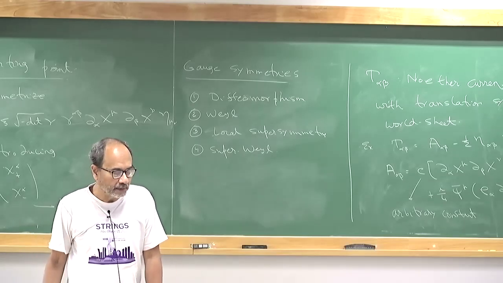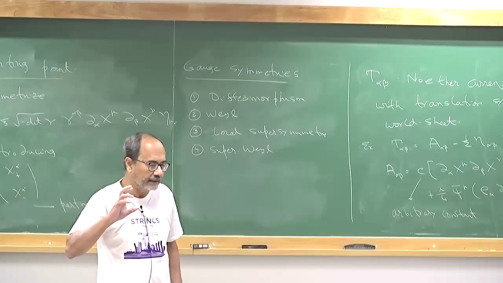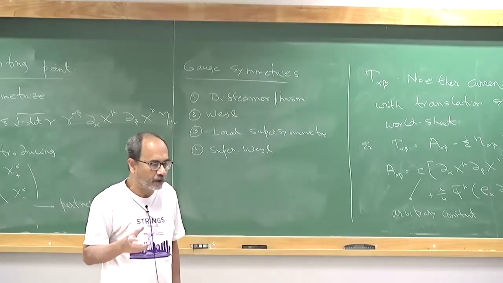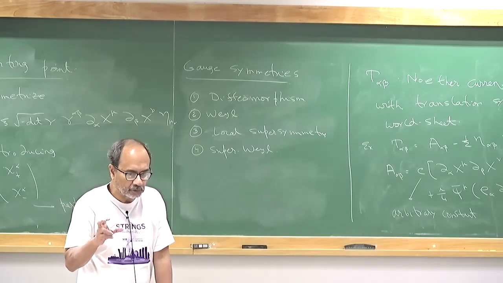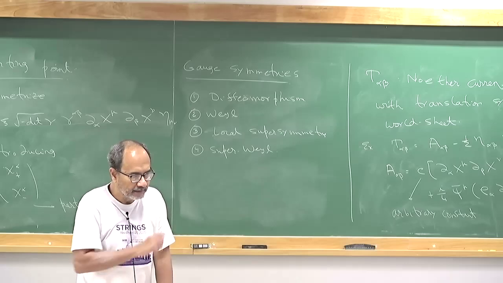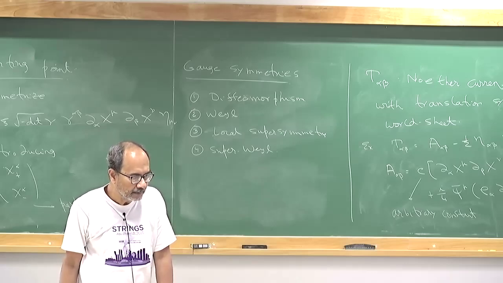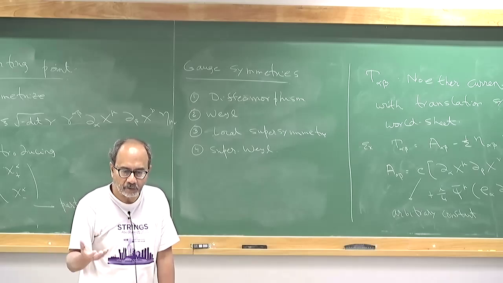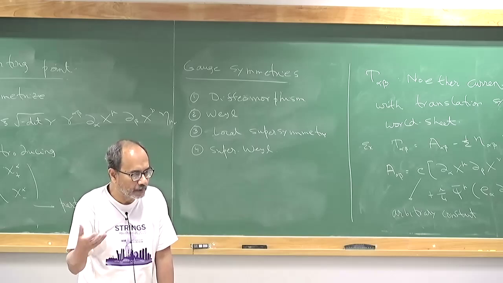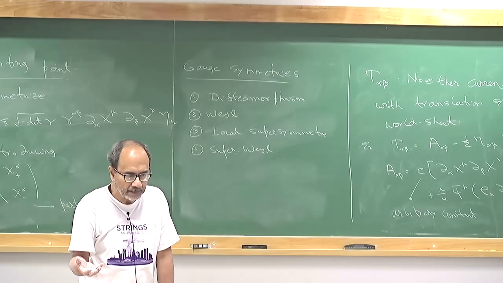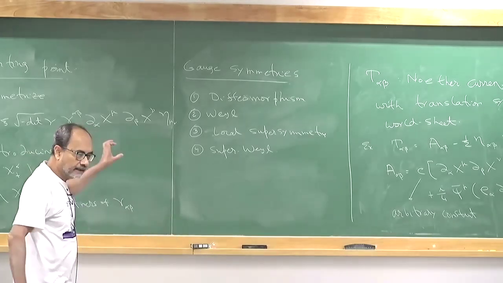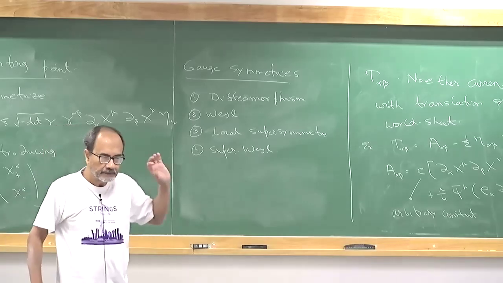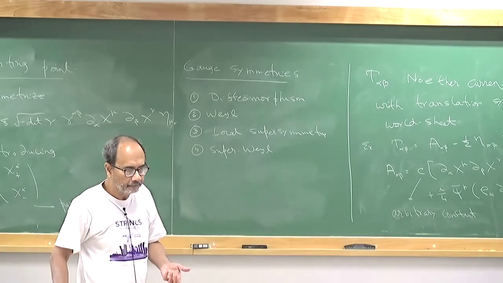Then if you take the commutator or anti-commutator between the constant supersymmetry transformation and the diffeomorphism, it will generate some new fermionic transformation. So that will automatically generate the super diffeomorphism. Similarly, if you take the commutator of the constant supersymmetry with the Weyl transformation, it will generate what is called the super Weyl.